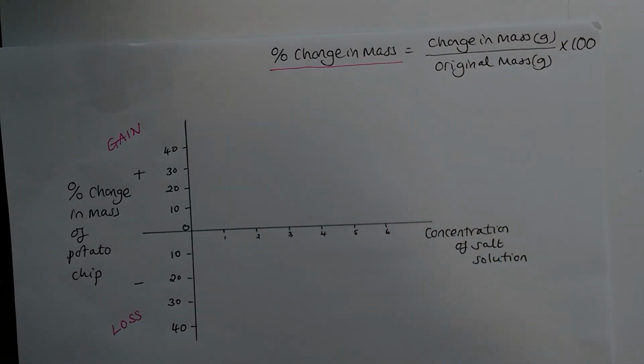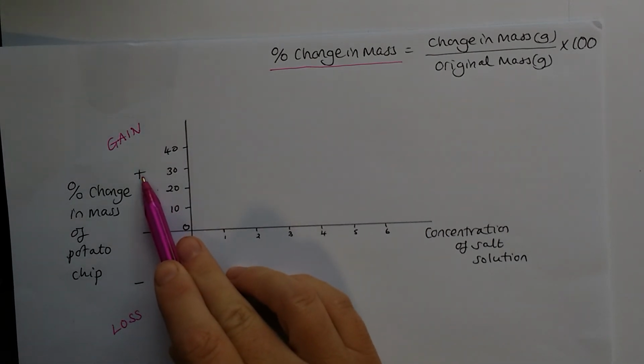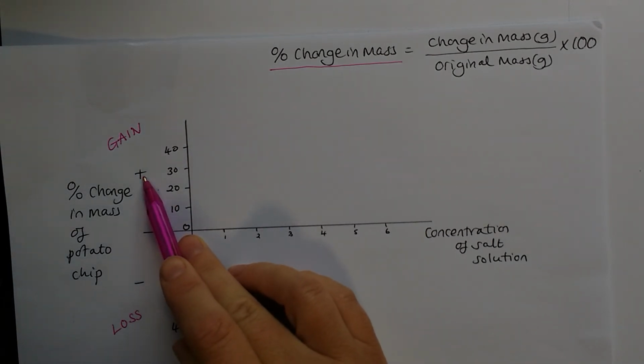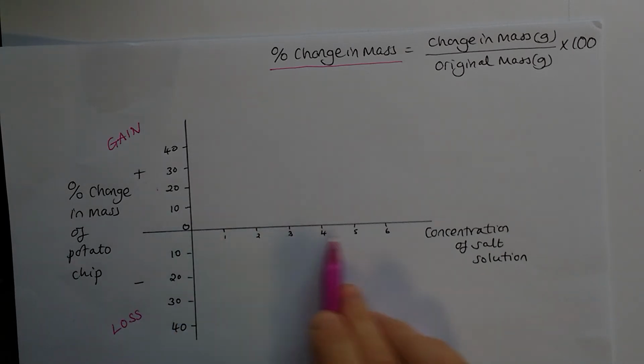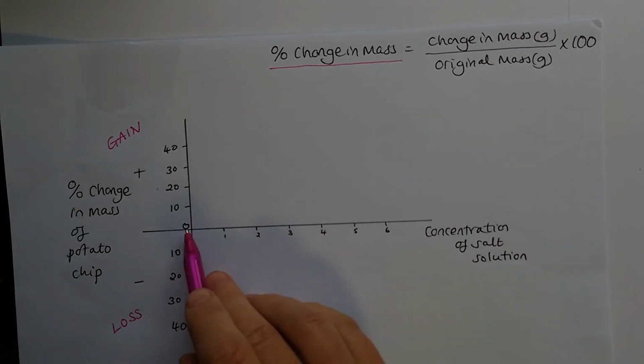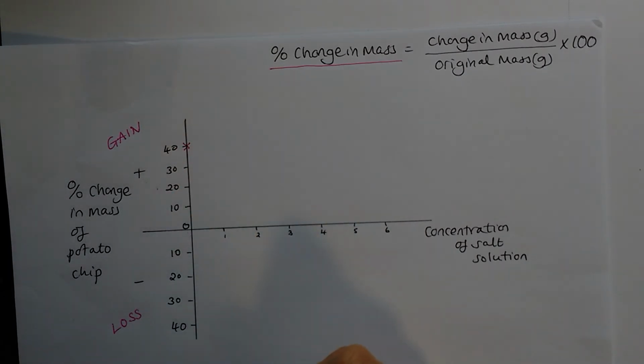And in this experiment, you're going to have some that grew, so that's a positive change, percentage change in mass of potato chip. You're going to have some that shrunk. So typical results might be that when you've got lots of, so this is the concentration of salt, when you've got lots of water, you're going to have a big gain in mass.